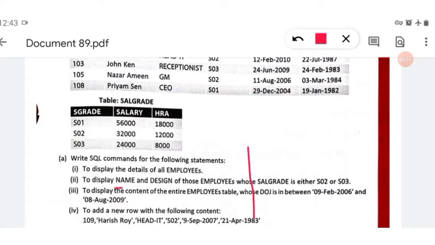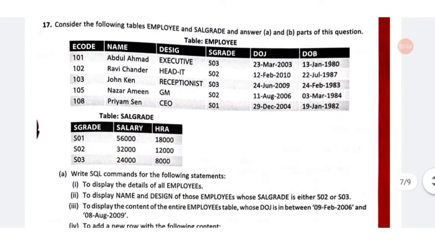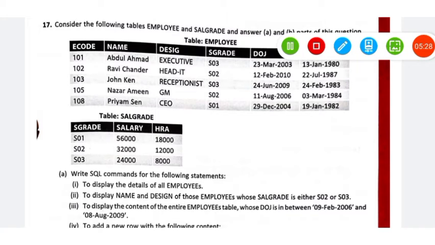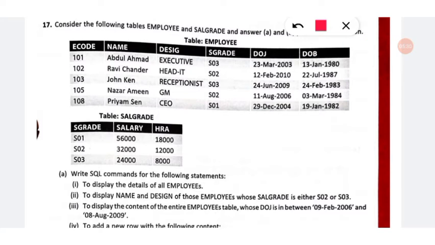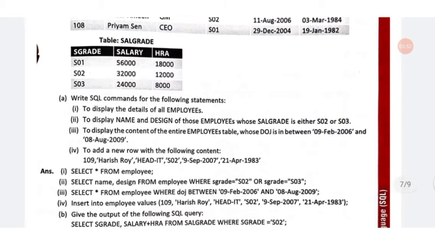So select name, desig from employee, and there is a condition that sal grade is either S02 or S03. So where SG grade equal to S02 or SG grade equal to S03. So you can write it: select name, desig from employee where S grade equal to S02 or S grade equal to S03.